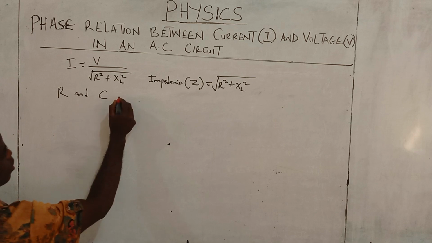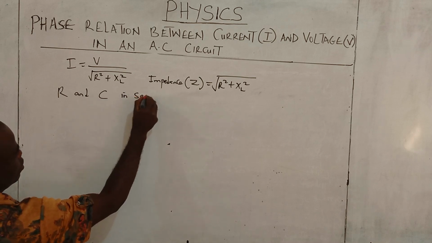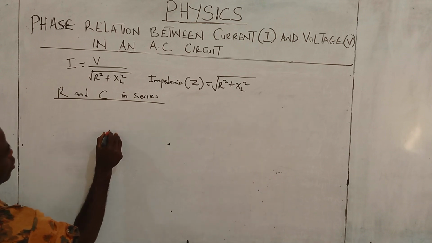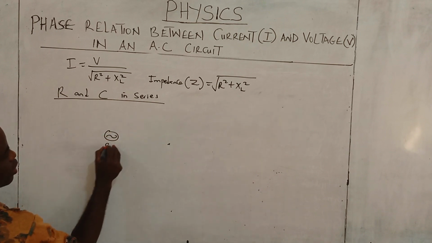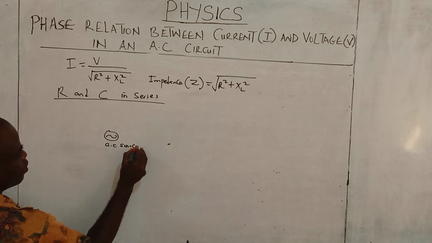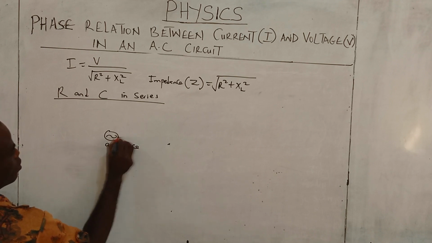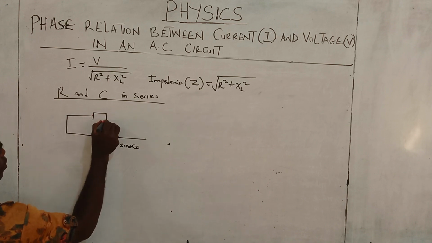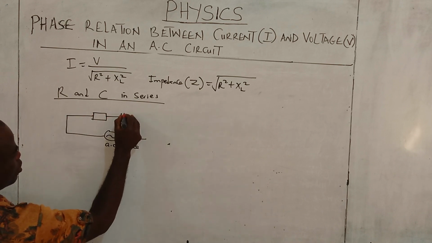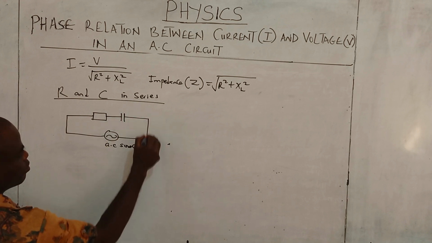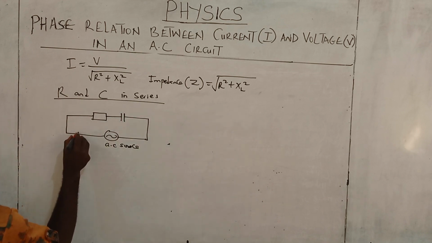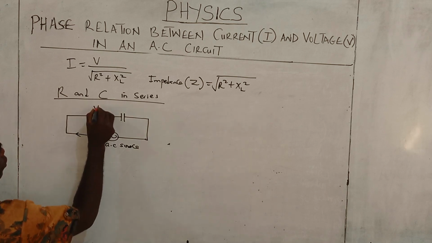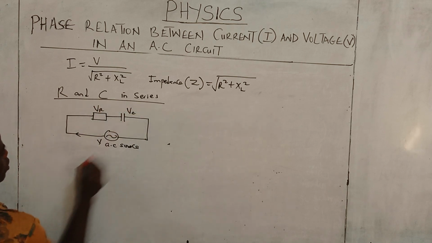A resistor and a capacitor in series. You have the source, representing the AC source, which goes to the resistor and the capacitor. The current line will be the same. Now we have the voltage across R, VR, and also VC.